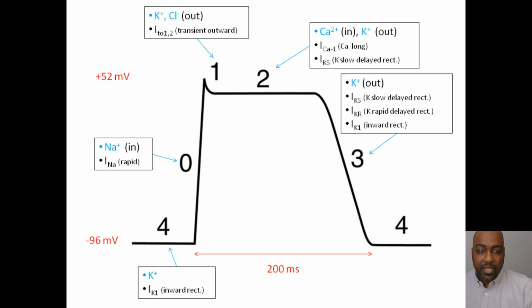So another difference with the action potential of the heart versus another muscle is how long the plateau is on the cardiac action potential. So when you have a muscle, let's say the bicep, the action potential is actually pretty fast. The action potential is sent, it fires off, and the muscle contracts, and then we're done. For a cardiac muscle, it's a little bit different.